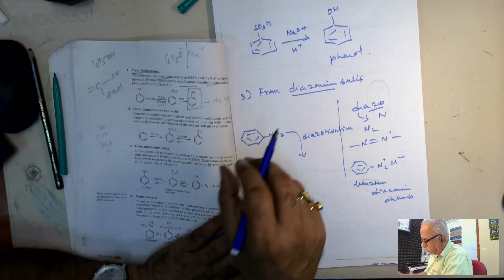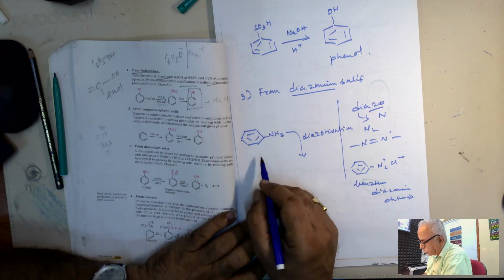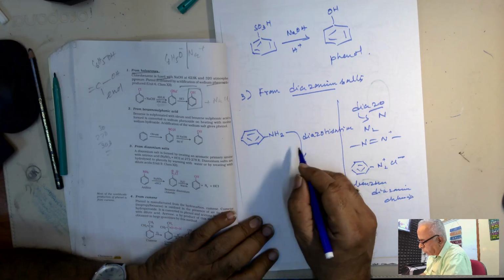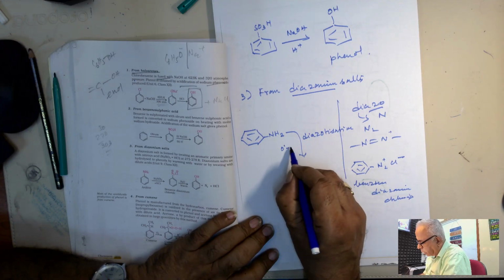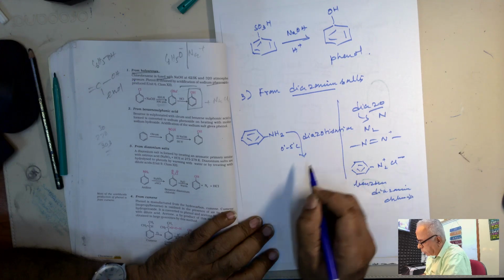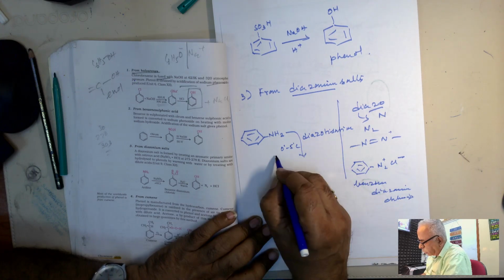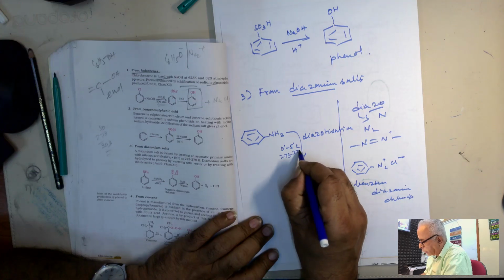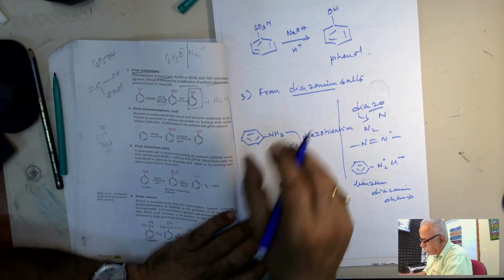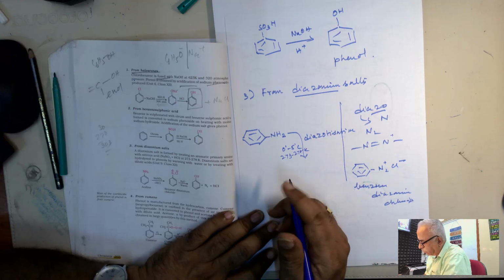It means you are converting aniline into benzene diazonium chloride. How is it feasible? This is done at 0 to 5 degrees Celsius. And if you want to give it in Kelvin, you can put 273 to 278 Kelvin. So this can be achieved only at lower temperature.